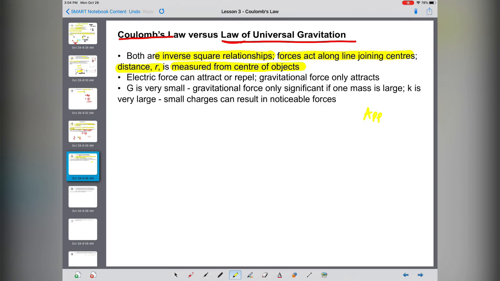Differences: electric force can attract or repel, but the gravitational force only attracts. The G is very small, so the gravitational force is only significant if one mass is really, really big, while k is actually a very large constant. When we talk about the fundamental forces, the force of gravity is actually the smallest force of all. So here is another reason that proves to you the force of gravity is the smallest one.